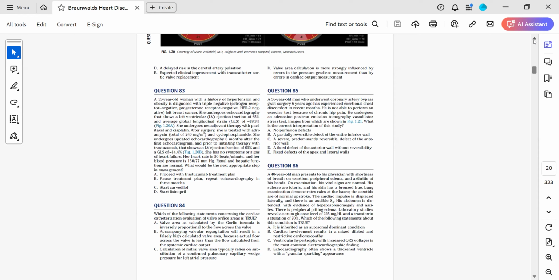So the modified Gorlin equation, they've been able to modify the Gorlin equation by using the calculation of the cardiac output, the heart rate, the systolic ejection period, and then the square root of the mean gradient. So those are the things required in this equation.